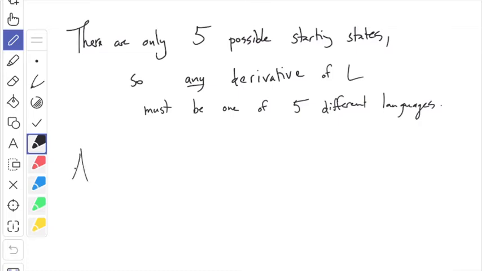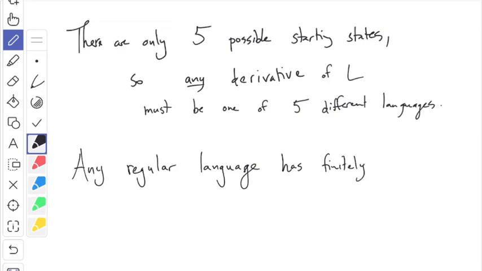So any DFA language, any regular language really, because there's only finitely many states in the DFA, there's only finitely many possible answers you could get from the derivative. Any regular language has finitely many derivatives.